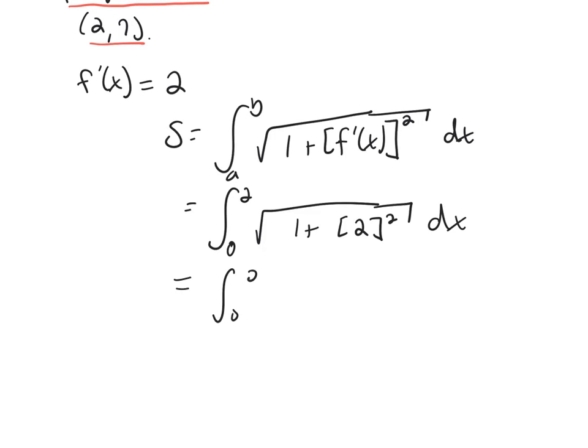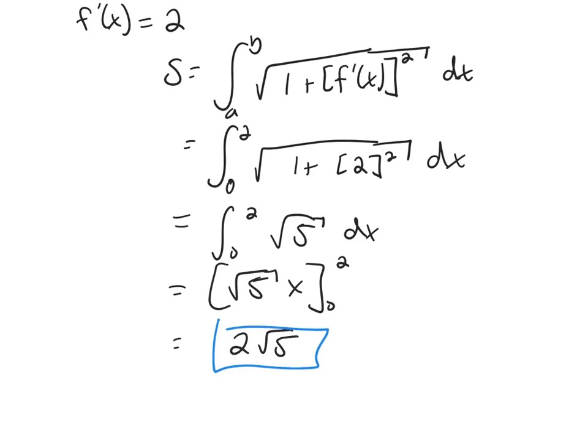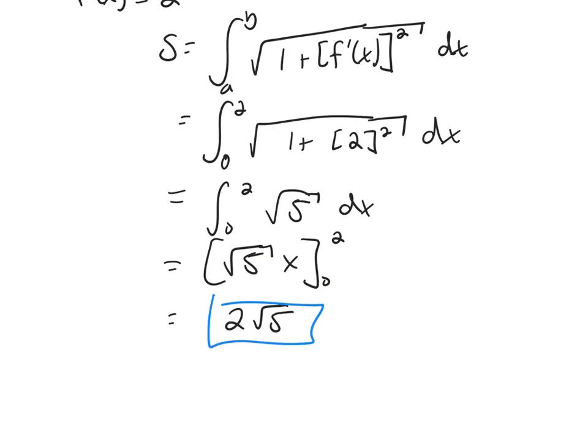So this is just going to be the square root of 5. So when I find the integral of that, it's going to be square root of 5 x, and you're going to get 2 times the square root of 5. And that's the length of that segment of the line.